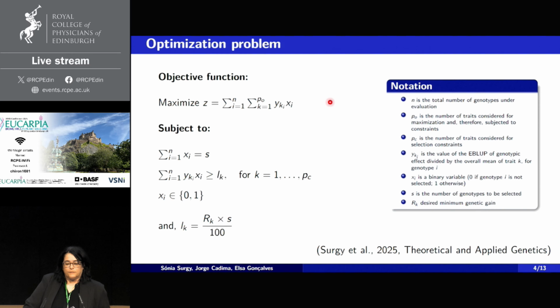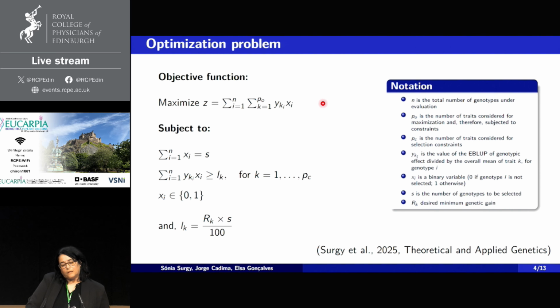The Y is the predictor of genotypic effects divided by the overall mean of the trait. The S is the number of clones to be selected, the clones, because we are talking about grapevine when this was developed.